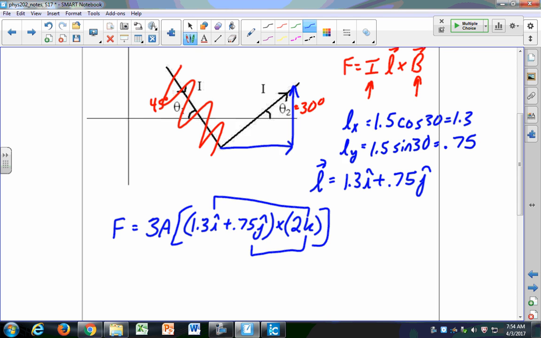I know I cross K has to be either what or what? Plus or minus J, right? Because they're orthogonal vectors, and so it has to be not I, not K. So it's going to be 3 times 2.6 I cross K, we'll figure out is that plus or minus J, plus 1.5 J cross K.